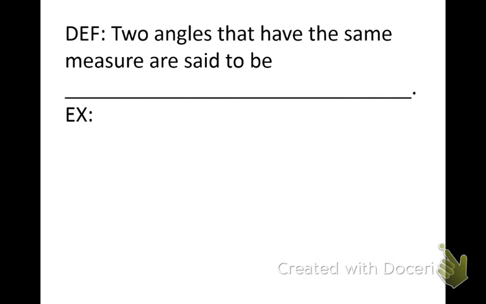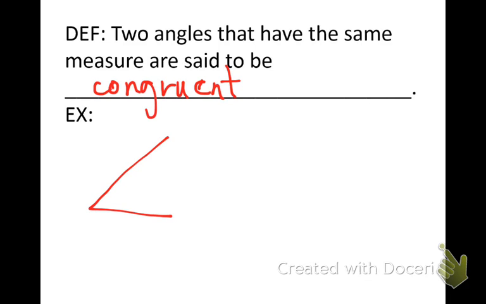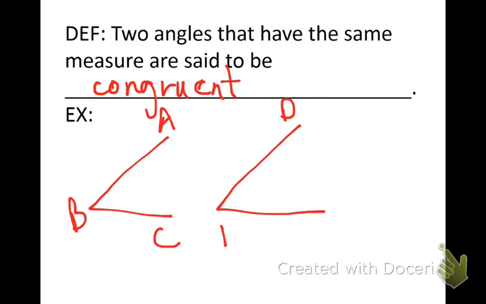Two angles that have the same measure are said to be congruent. Here's a picture to show that these angles are congruent. We've got angle ABC and angle DEF.